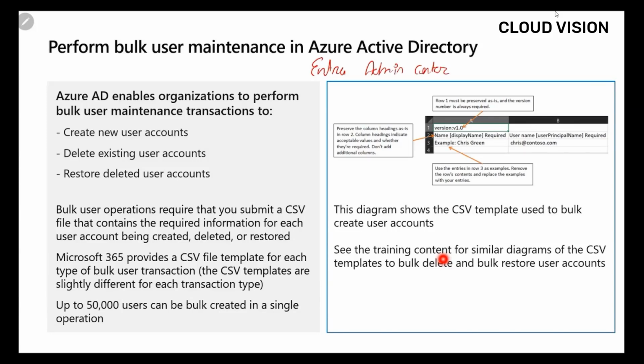So you can perform bulk operations like creating new user accounts, deleting existing user accounts, or restoring deleted user accounts. Microsoft 365 provides a CSV file template for each type of bulk user transaction, and up to 50,000 users can be bulk created in a single operation using the Entra Admin Center.